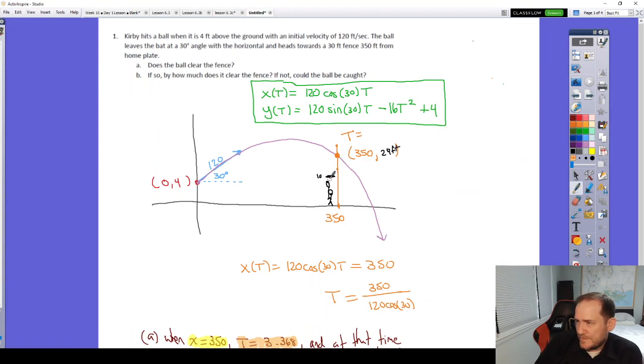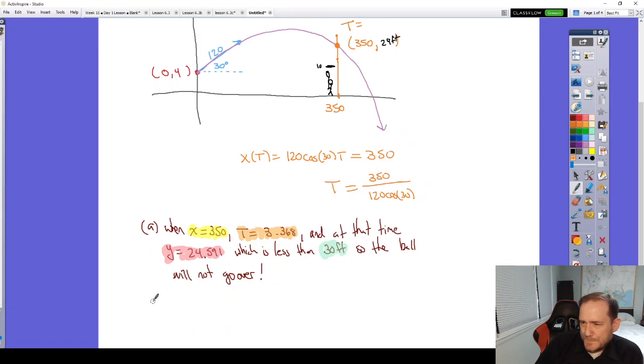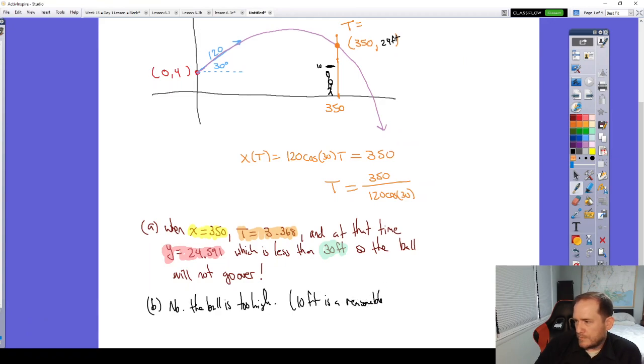Maybe if the ball was lower than 10 feet then this left fielder, center fielder, whatever he is, maybe he could jump and catch it, but no. I don't love part B. I don't really care how you answer part B. But I would say no. The ball is too high. 10 feet is a reasonable max. Anything over 10 feet, you're not going to have a shot at. Okay, great. We're done. Moving on.